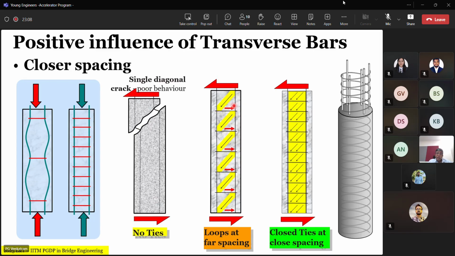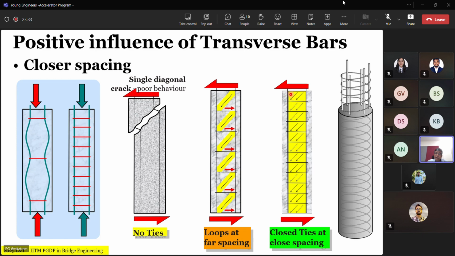But if you notice one thing here, the compression strut is occupying a very small portion, and a large portion is still having no compression. Now we move further and make these ties even closer.